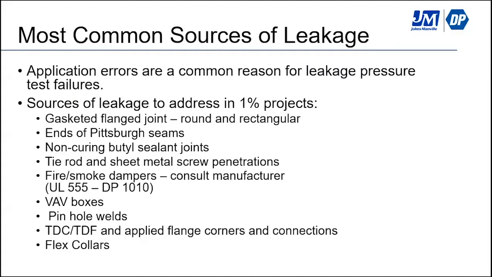Our DP 1010 has been tested to UL 555. Additionally, a big source of leakage is VAV boxes because of the nature of their construction. There's typically a lot of holes and punch-out areas that can significantly lead to leakage, and those are easily sealed with water-based duct sealant.